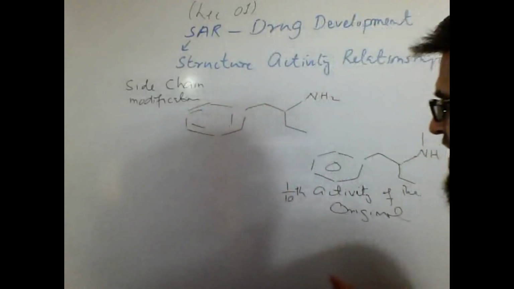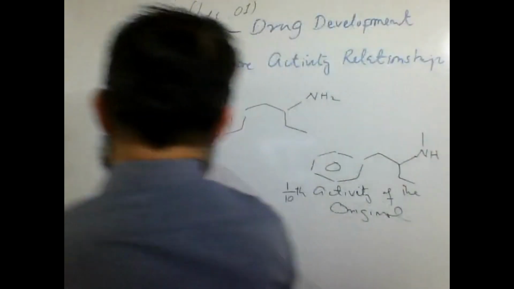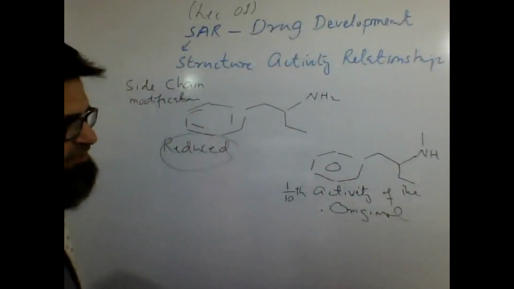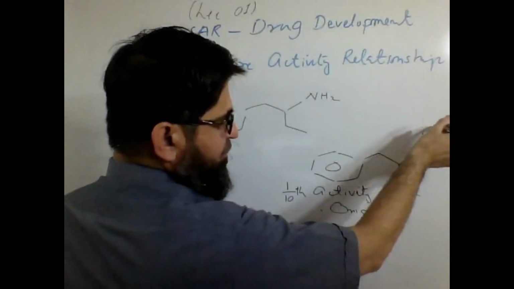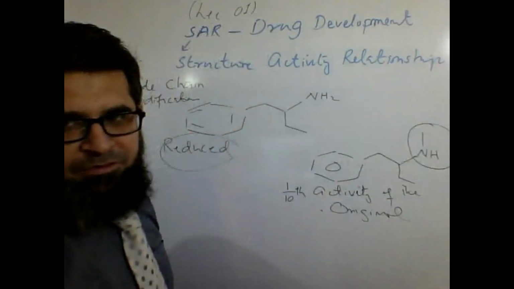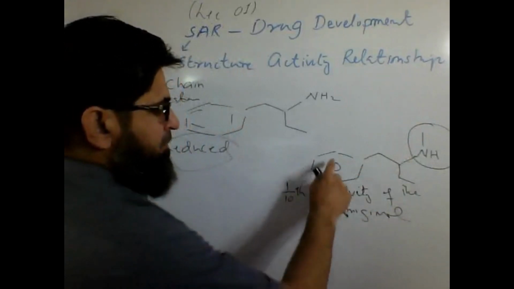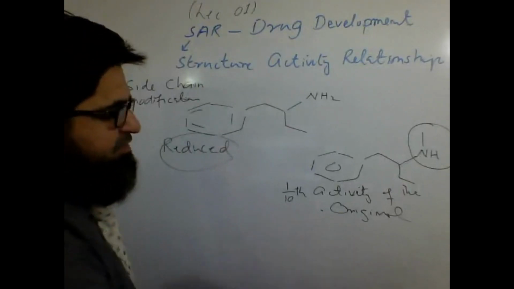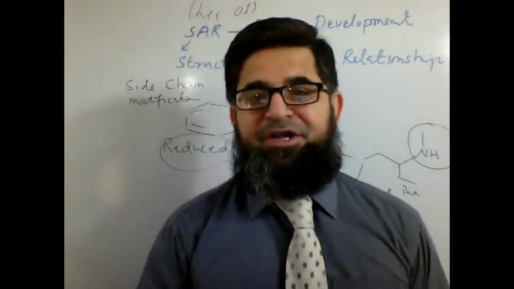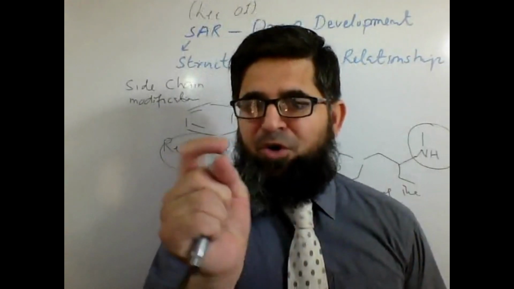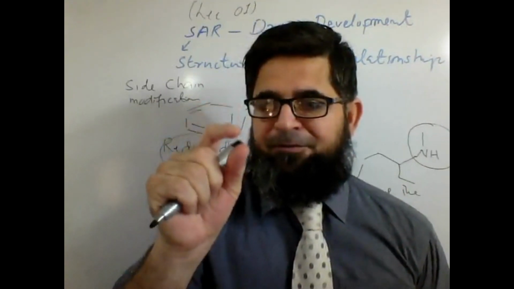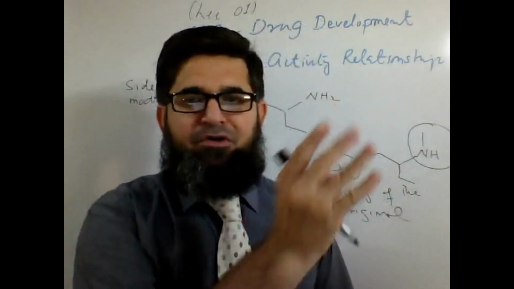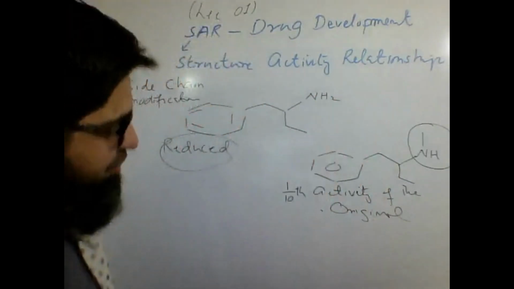The pharmacological activity of this molecule was reduced also compared to the original one, but this body, which carried an extra methyl group at nitrogen, lost the pharmacological activity considerably, and its activity was almost 1/10 of the original starting amphetamine. So just a little modification, I'm not showing you major structural changes. I'm just showing you methyl group on the ring and then methyl group on the side chain.